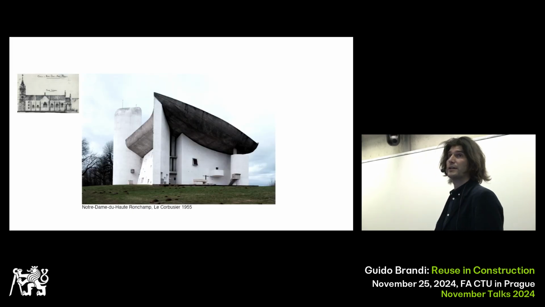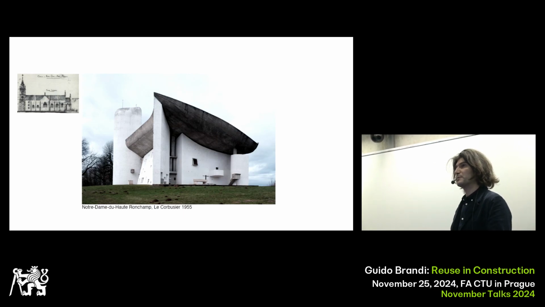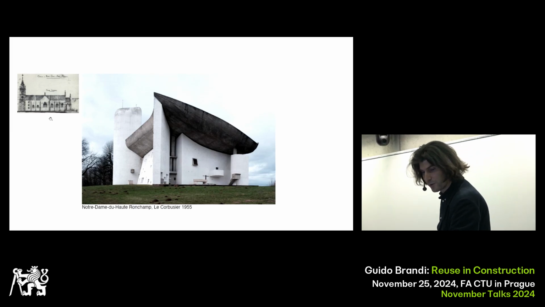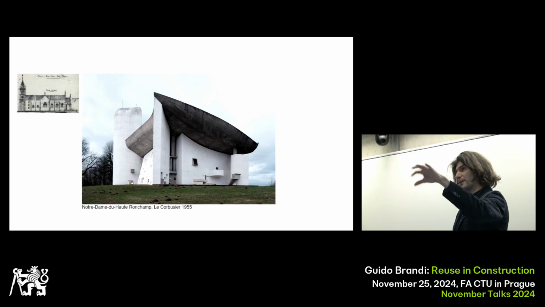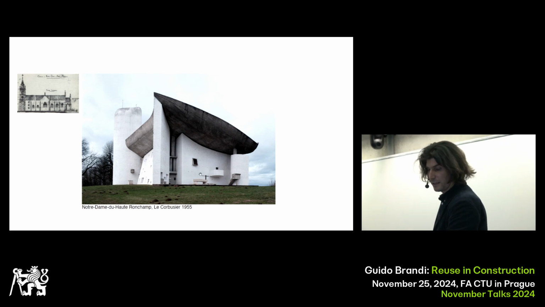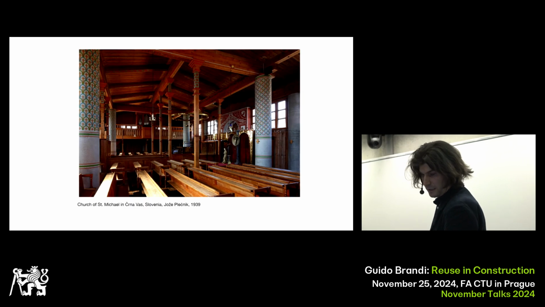But even an iconic and famous, one of the most famous projects of modernism, the Chapelle de Ronchamp by Le Corbusier, actually has something to do with reuse. All the stones of the existing church that was on this hill, which was bombed in the Second World War, were then reused as a filling element for all the walls.